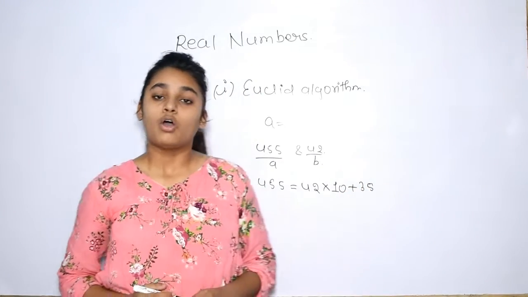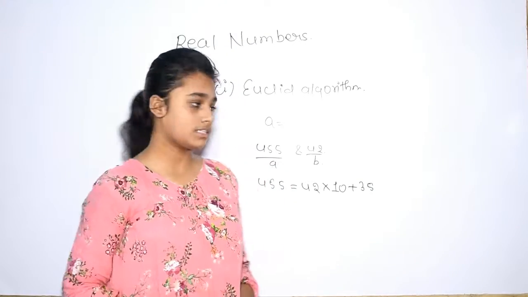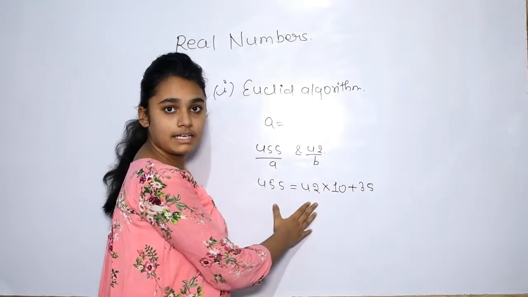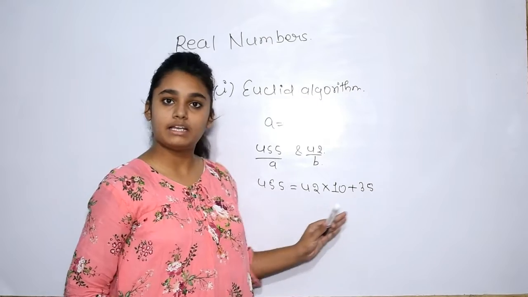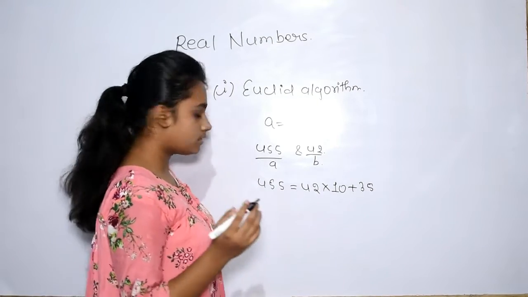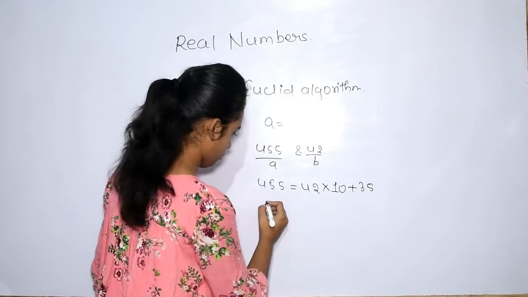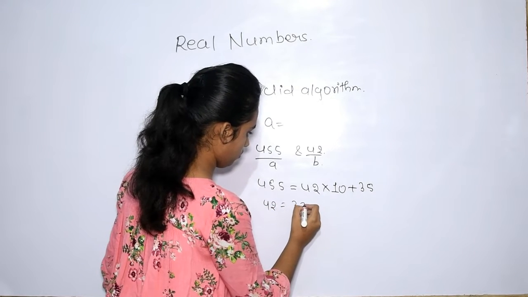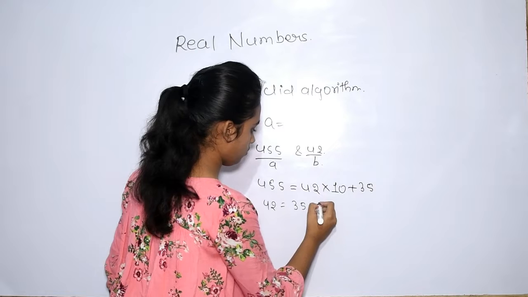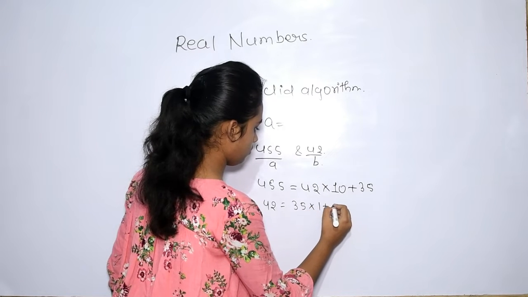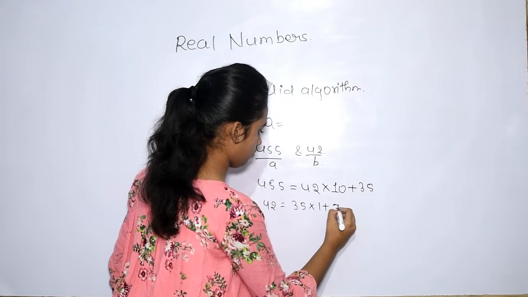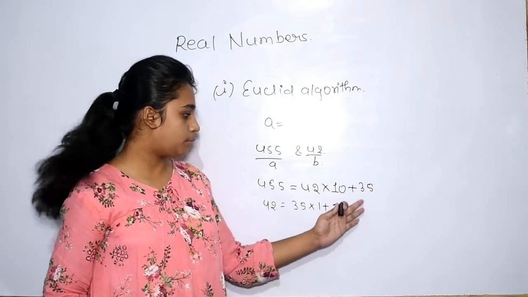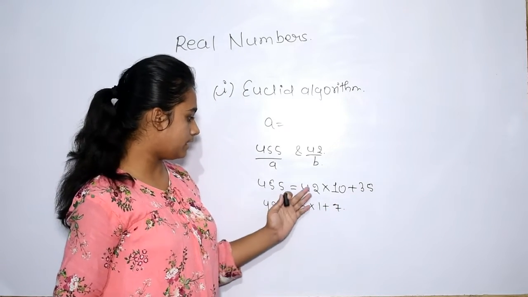So friends, always continue this process by taking the divisor as the new dividend and the remainder as the new divisor. See, I am putting the remainder as divisor and the divisor as dividend.